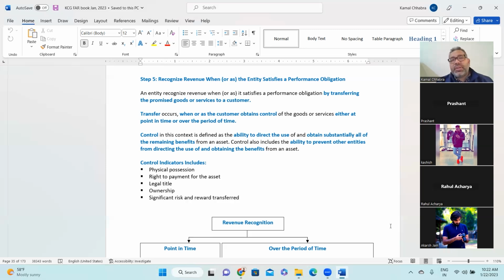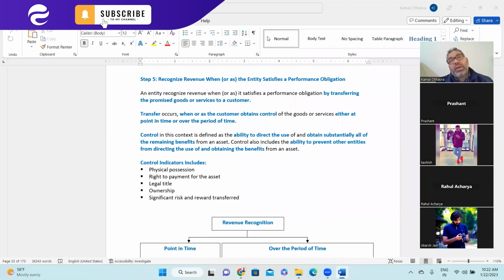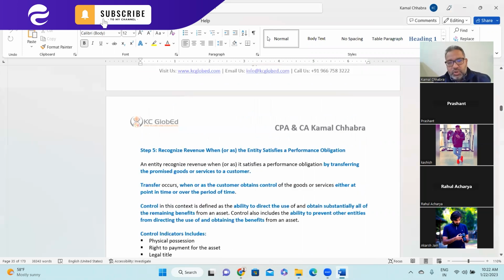Then we jumped into the third step about the transaction price. Transaction price is the total price of the contract, and then we understood the bifurcation of the total price to the respective performance obligations. And the fourth step, which we studied yesterday, is allocation of transaction price. So from the total transaction price, how much is allocated to each performance obligation.